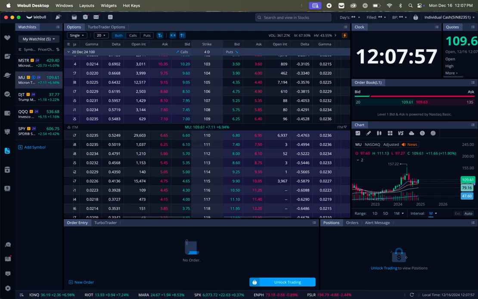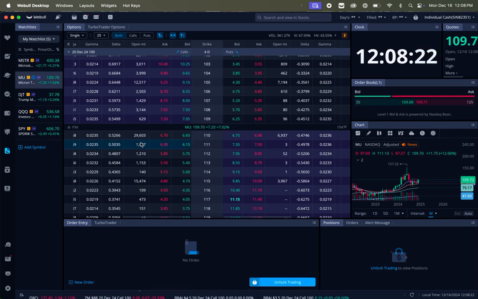What this indicates is the delta is right now showing a bullish bias towards the call side. When the 50 delta is out of the money, this is what you have to pay attention to. It suggests that the market is favoring one direction, whether it's the calls or the puts.